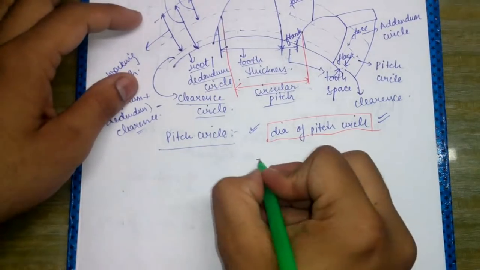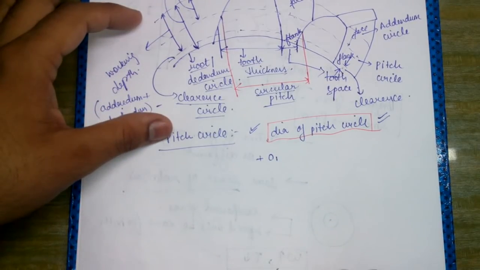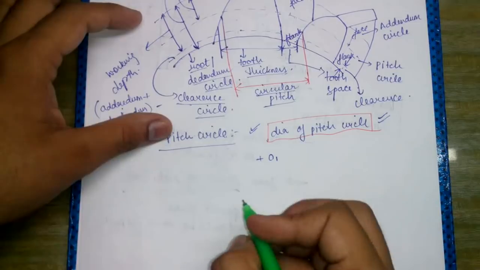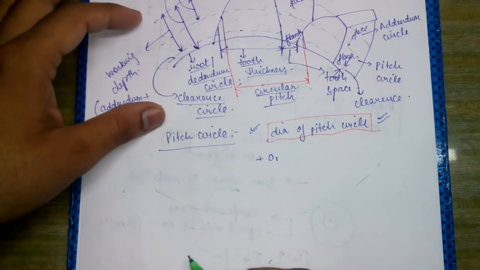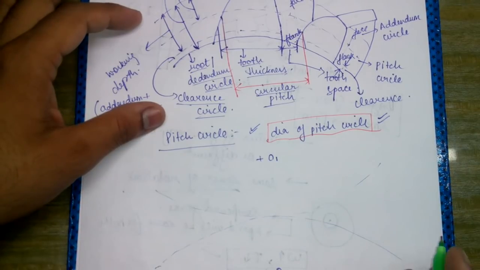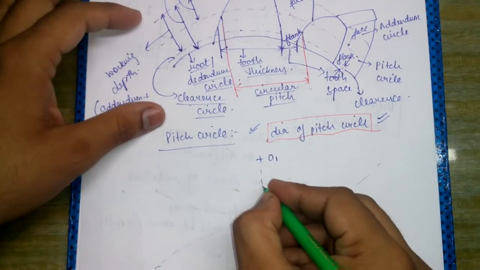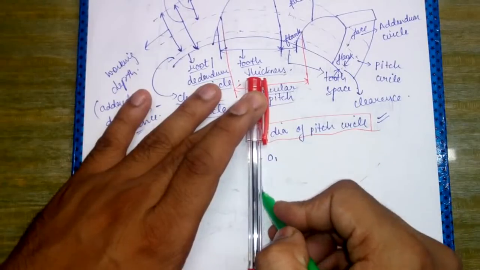Okay, now we will see, say this is a gear with center O1, and another gear with another center O2, like this. So if I draw a line, actually I should draw it a bit straighter.